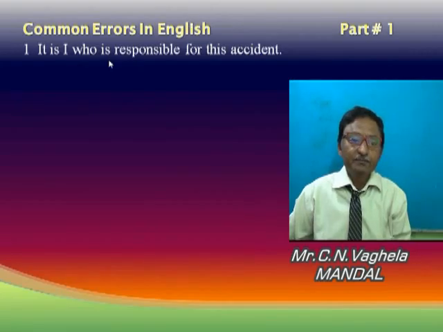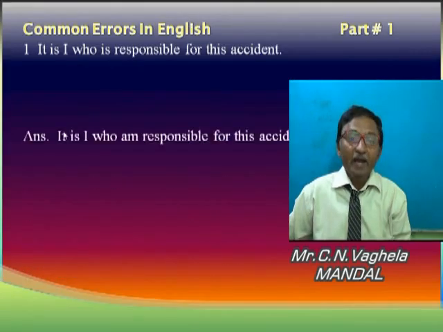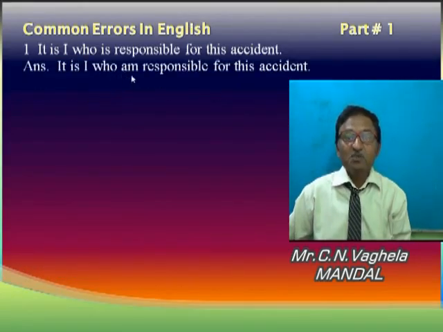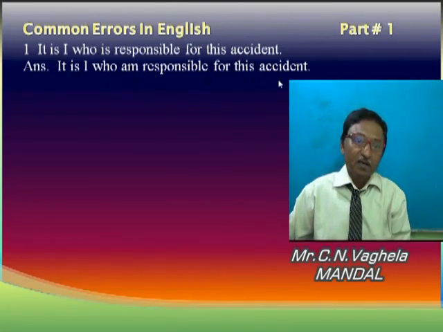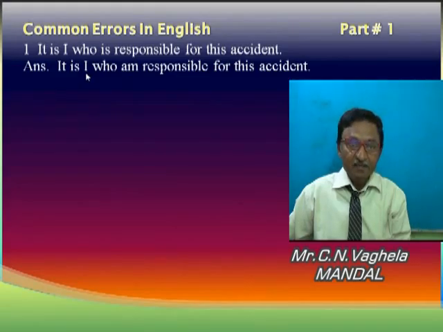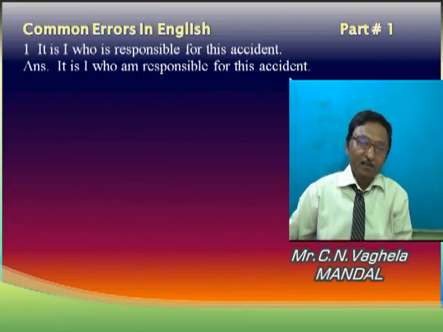The correct sentence is: It is I who am responsible for this accident, because I is first person singular, and in present tense we use the form of "to be" am with I, not is. Is is used only for he, she, it. So the correct sentence is: It is I who am responsible for this accident.